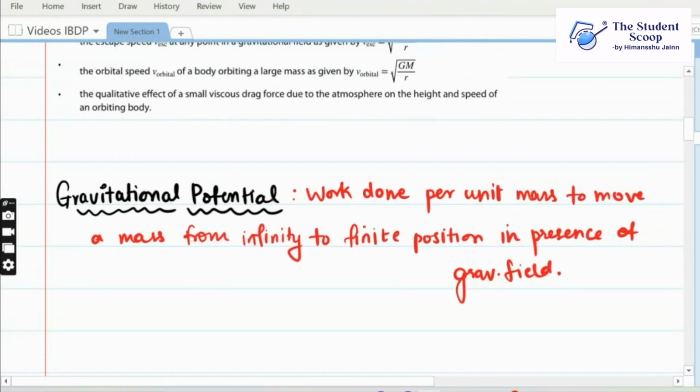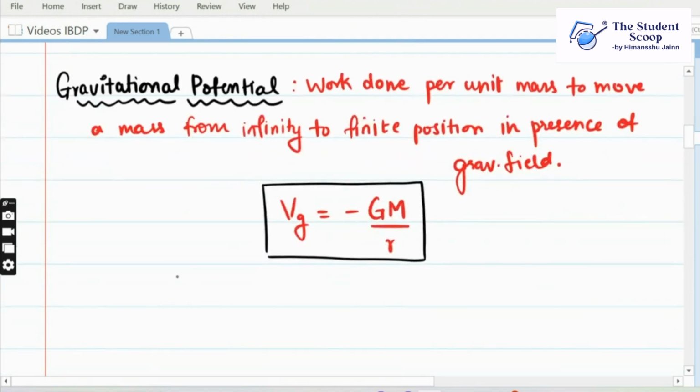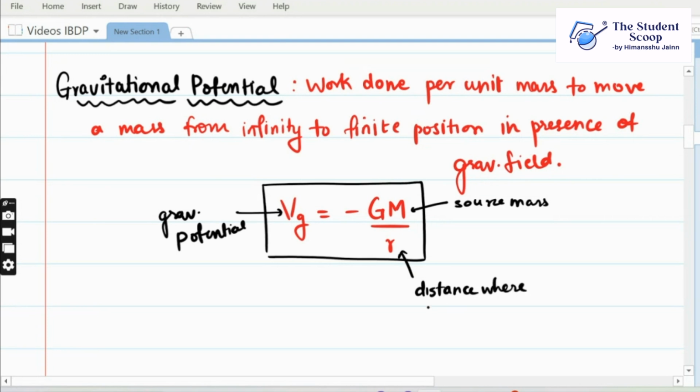It is expressed using a formula, that is Vg is equal to negative GM over r. Now what does exactly this formula mean? What does each term represent? We need to understand that as well. Vg represents gravitational potential, and M represents the source mass, the source of the field. r is the distance where the potential is calculated, the distance from the center of the source to that point.